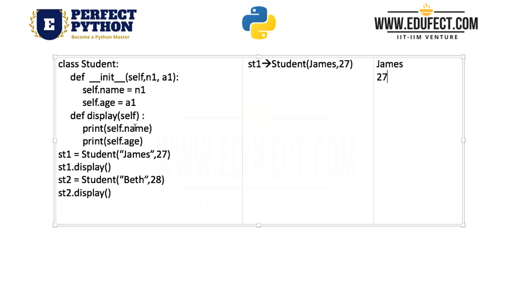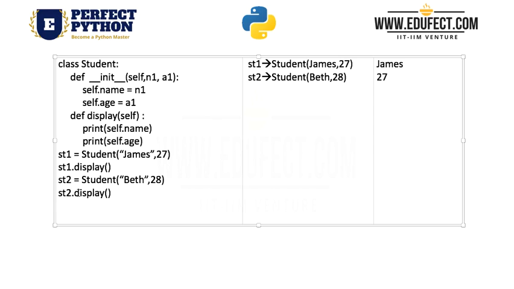Why did it print James for name and 27 for age when we did self.name and self.age? Because we called it with the object st1, and for the object st1 name was James and age was 27. Now what have we done here? We have created another student st2 with the parameters Beth and 28. So st2 will be an object of type Student and its values for the attributes are Beth and 28.